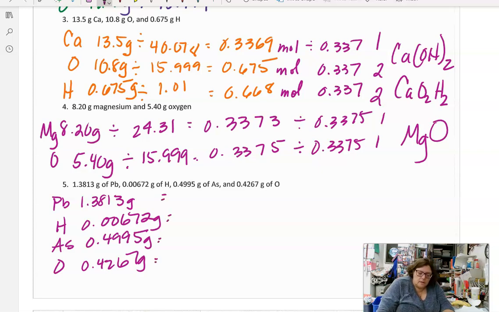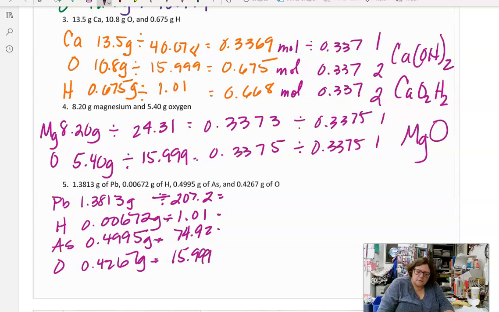All right? So first we're going to take lead. Lead's molar mass is 207.2. Hydrogen is 1.01. Arsenic, 74.92. These are all divided signs. And oxygen, 15.999.